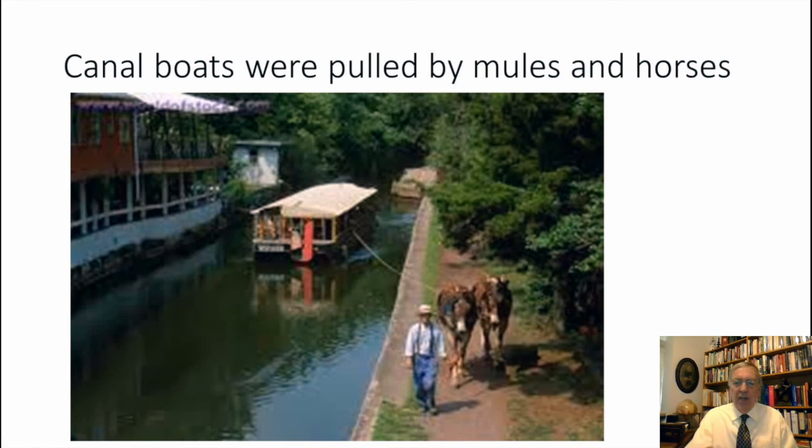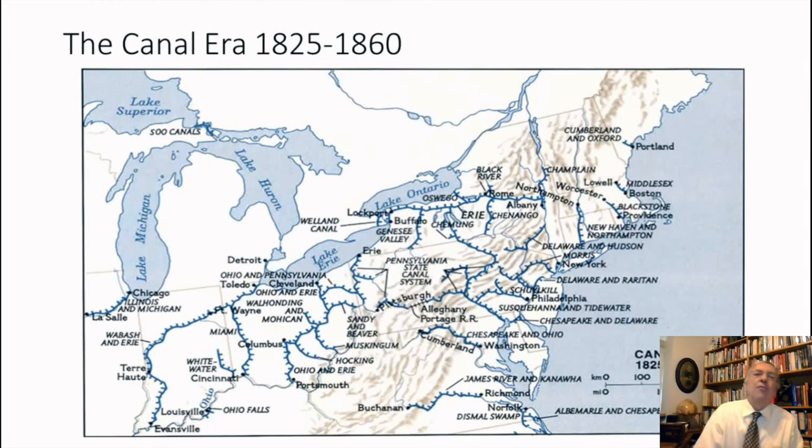Whereas if you're just talking about pulling the boat, just a couple of mules could do the work. It would have taken 40 horses to pull 20 wagon loads to get this same amount of material moved. So that at the time was a wonderful innovation. It didn't last long because that canal era was basically from 1820 to 1860.